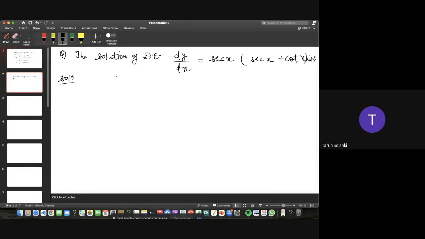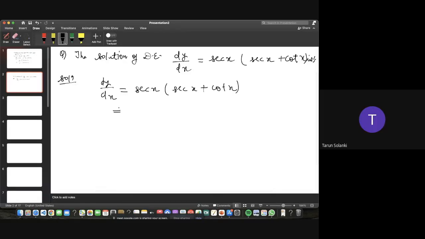So how will we solve it? dy by dx is equal to sec x into (sec x plus tan x).